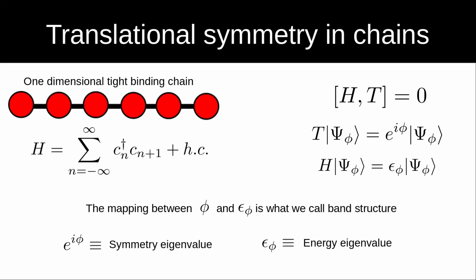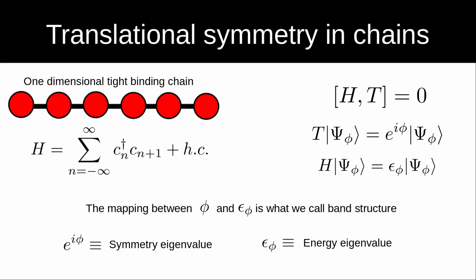Okay, so now the basic idea is that we can classify the eigenstates according to the phase that they pick when we apply translational symmetry. This actually means that the energies of those eigenstates when we apply the Hamiltonian can also be classified according to the phase that their associated wave function has.